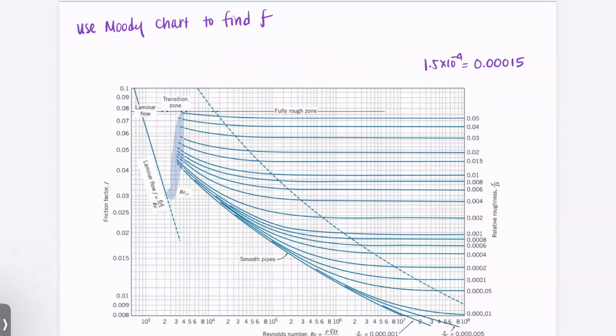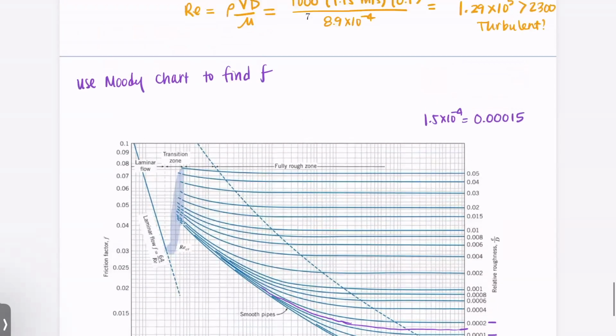So we are going to be between this one and this one, right? So this is going to be our relative roughness, and we're going to generally have a curve that goes sketched in like this.